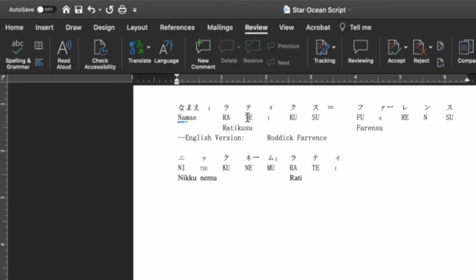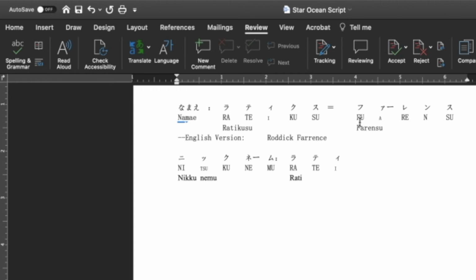So when you have a te followed by a small e, you end up with the sound ti. The reason that you can't just directly write ti is because in Japanese there is no ti. It actually comes out as chi if you do that. So this is a way to get around that with that foreign sound. And then in the second name, you've got the letters fu, a, re, and su, so Farensu.